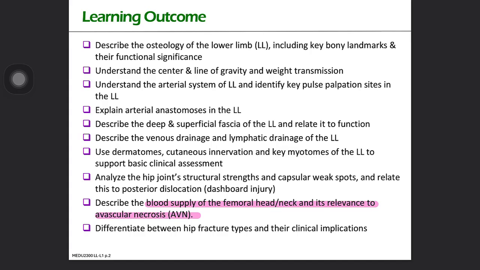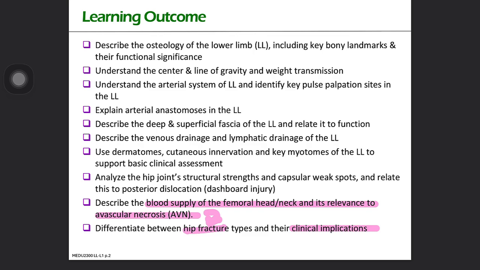What makes avascular necrosis so important? And how does it relate to the hip fracture and the clinical implications? What sort of treatment must the patient receive? It was actually the short answer question last year, I can't remember, okay.